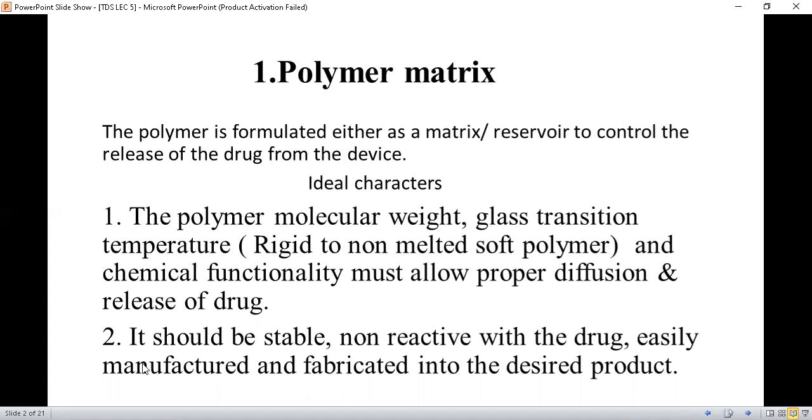Next ideal characteristic is that it should be stable, non-reactive with the drug, and easily manufactured and fabricated into the desired products. So for the polymer matrix, the first component in a transdermal drug delivery system, these are the ideal properties. The polymer molecular weight, glass transition temperature, and chemical functionality must allow proper diffusion and release of the drug. Second, it should be stable, non-reactive with the drug, and easily manufactured and fabricated into the desired product.